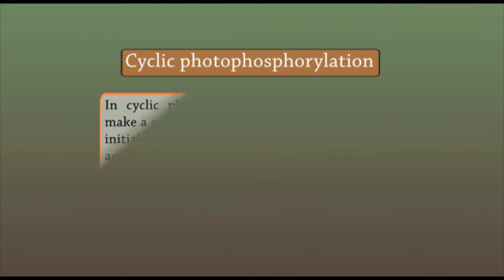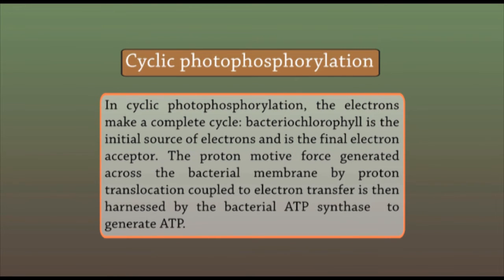These carriers are the same carriers found in respiration. If the change in the reduction potential from the various redox reactions are sufficiently large, protons can be translocated across a membrane. Eventually, the electron is used to reduce bacterial chlorophyll, completing a circuit, and the whole process can start again. And so, in cyclic photophosphorylation, the electrons make a complete cycle.